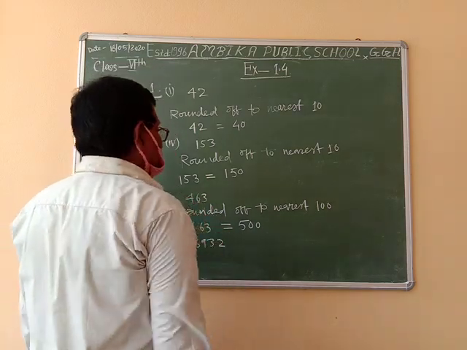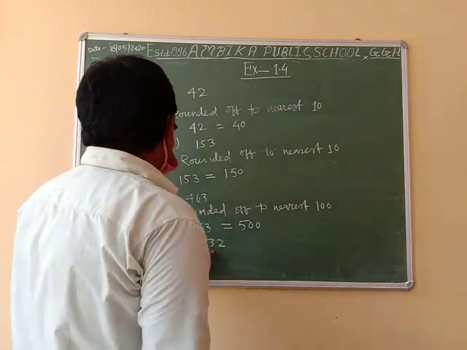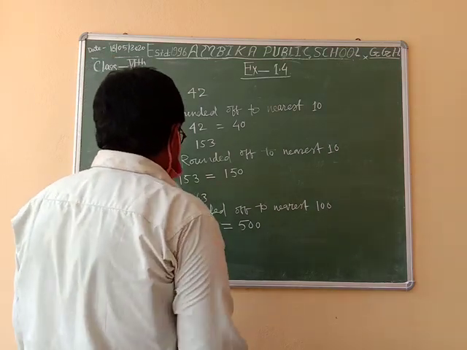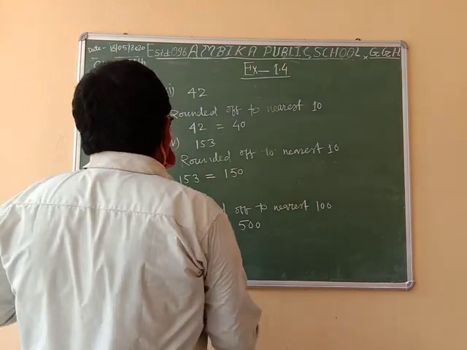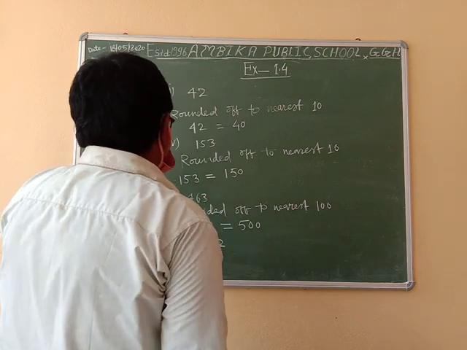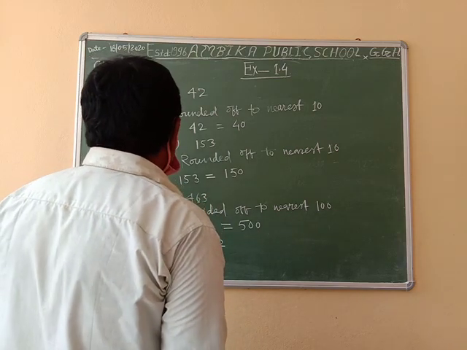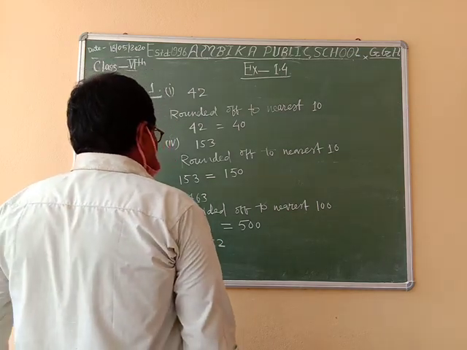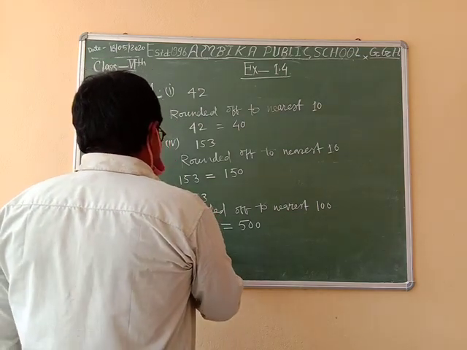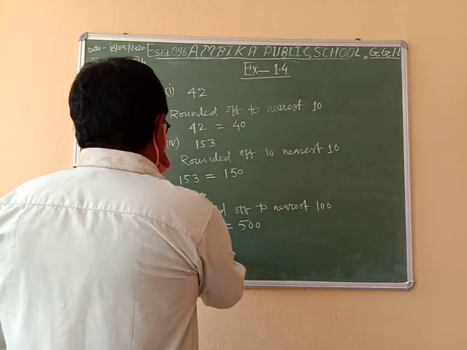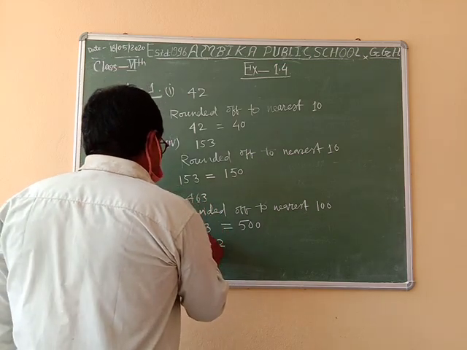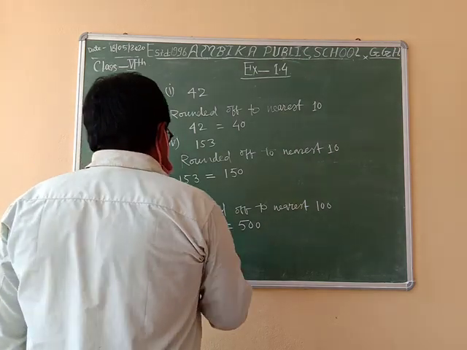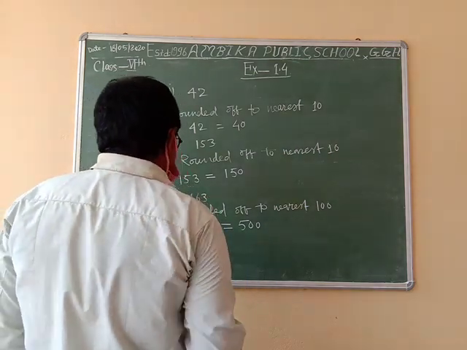Here we see that the tens digit is less than 5, so we replace the tens digit and ones digit by 0.